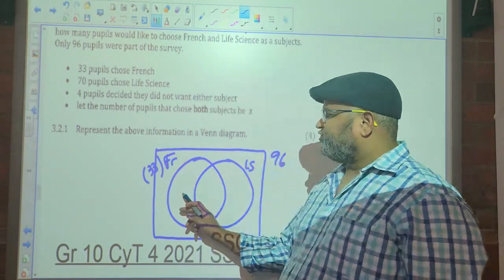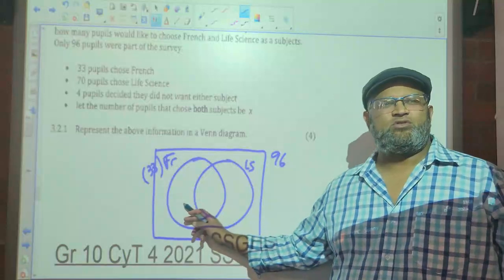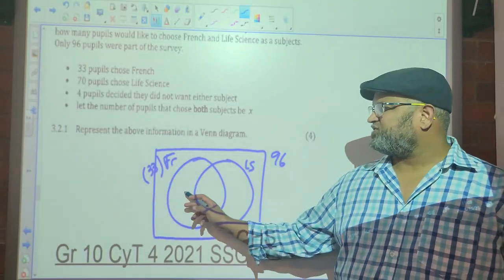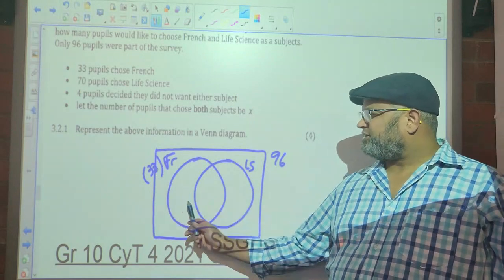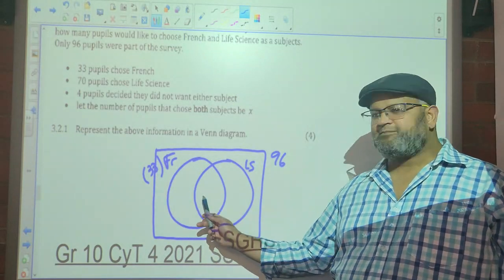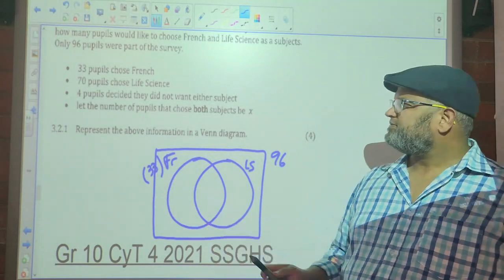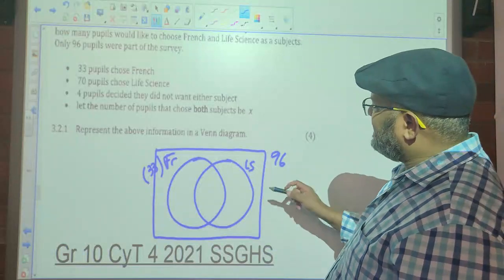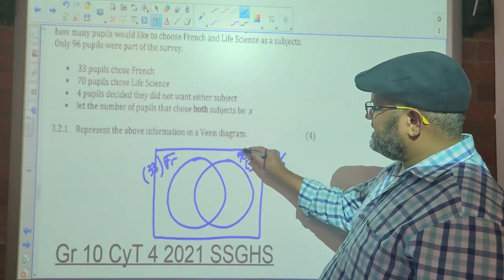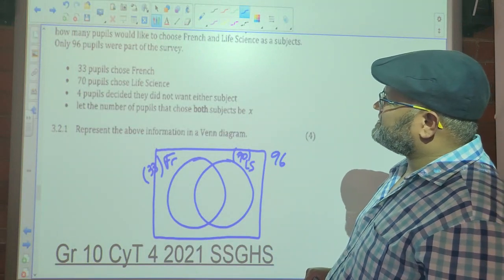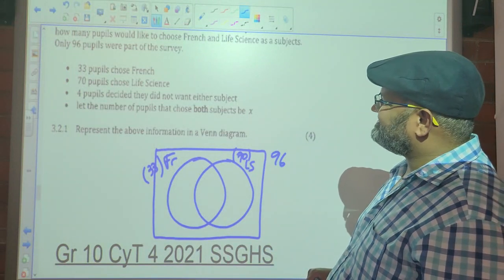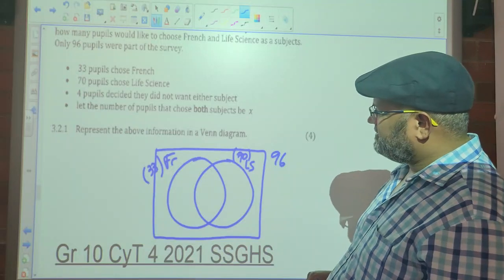So I can't put 33 here because it doesn't say 33 chose French only. So that 33 is actually made up of that and this here. Can you see that, people? 70 chose life science. So that's 70. 4 decided they did not want either subject.